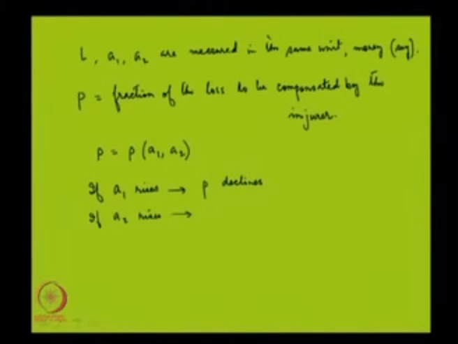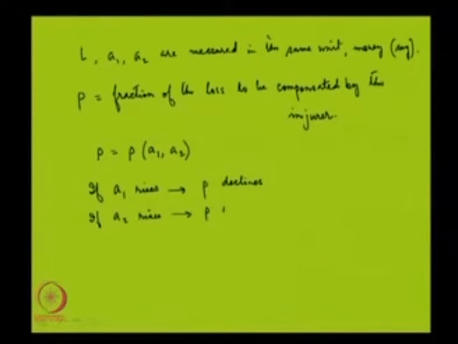If A2 rises, what happens? If A2 rises, that means the victim is taking more care. If the victim is taking more care, it can be safely assumed that he is less responsible for the accident. So, in that case, rho should go up, because rho is the fraction that is compensated by the injurer.